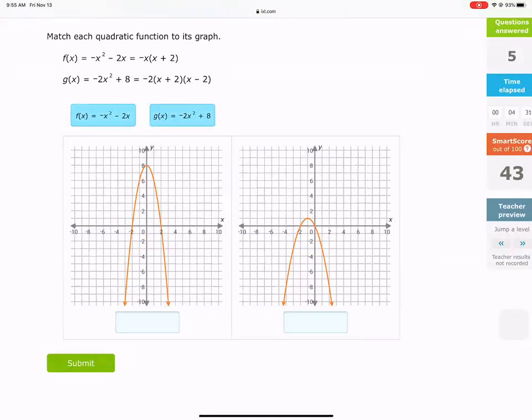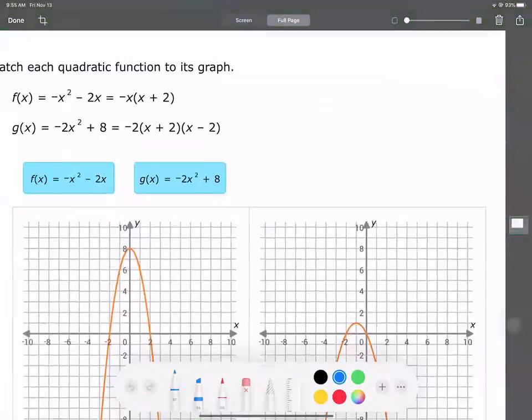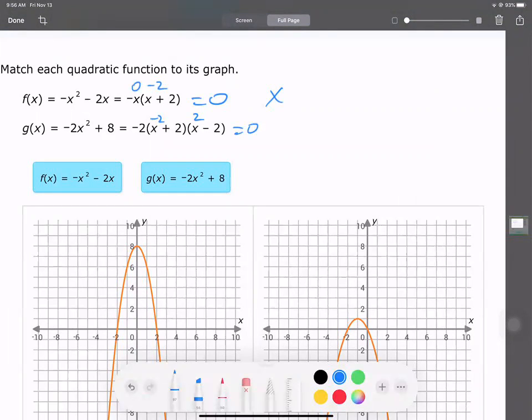If you want to double check, we have our zero product property acting out here. The zero product property says, hey, what would make this go to 0? X would be 0 and negative 2. These are the zeros of the graph.